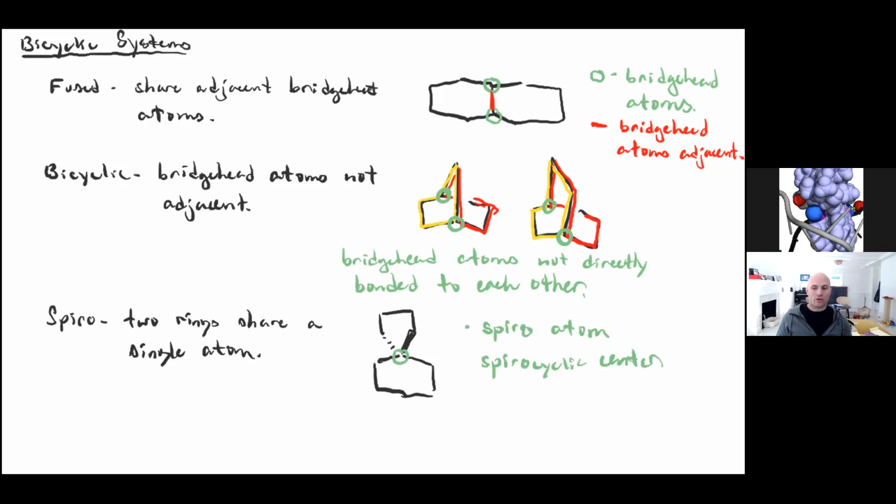And so those are the three types of bicyclic systems. Obviously, there's an infinite number of possibilities within each. Within the fused subcategory, there's a very important one, which is known as Decalin.